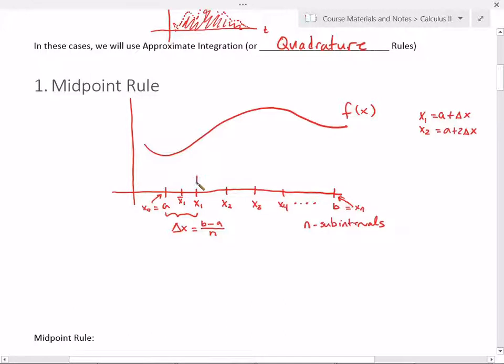So this right here is a plus delta x because that's how far I moved. This would be a plus 2 delta x, and so on. So the formula that we typically will use is xi is a plus i delta x. When we do some examples, you'll see it's just a matter of repeatedly adding whatever your delta x is, and we use this formula here to get our delta x.